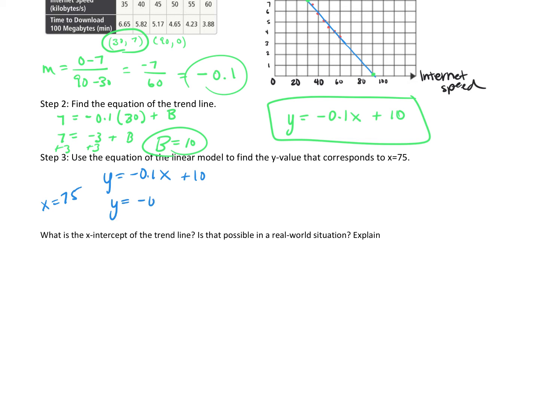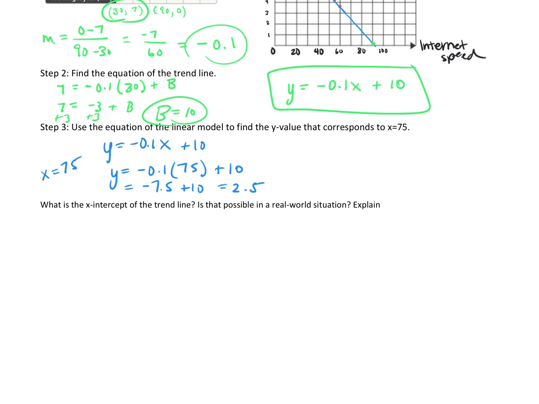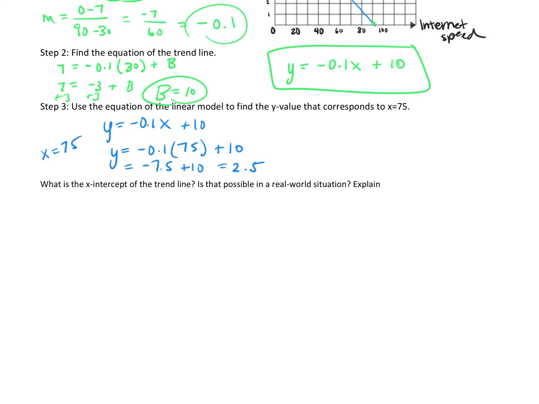So y equals negative 0.1 times 75 plus 10. Negative 0.1 times 75 is negative 7.5 plus 10, and negative 7.5 plus 10 is 2.5. So that's a y value of 2.5. The y value was the number of seconds it takes to download something.